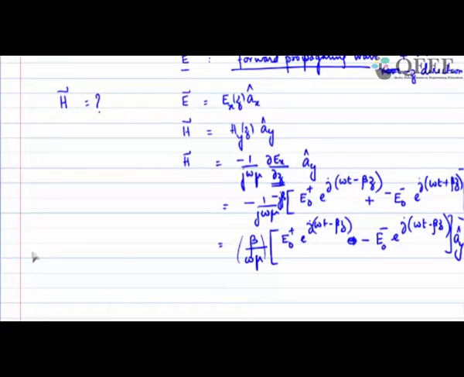If you look at what this is, beta is omega times root mu epsilon. So beta by omega mu is omega root mu epsilon divided by omega mu, which is nothing but the square root of epsilon by mu.